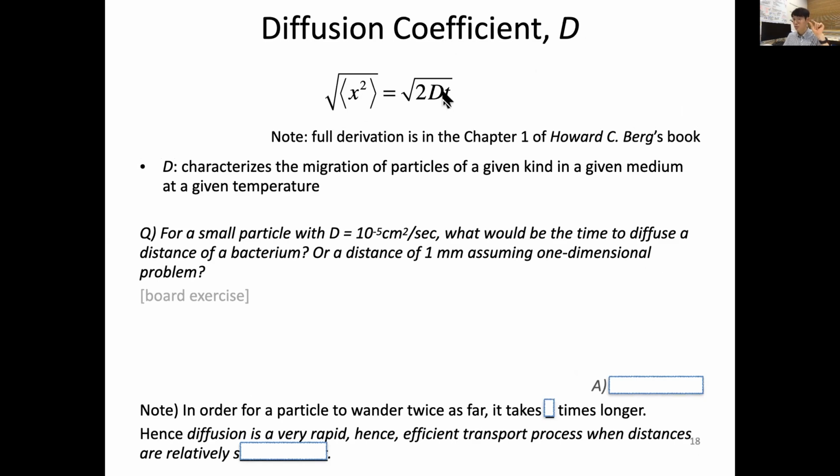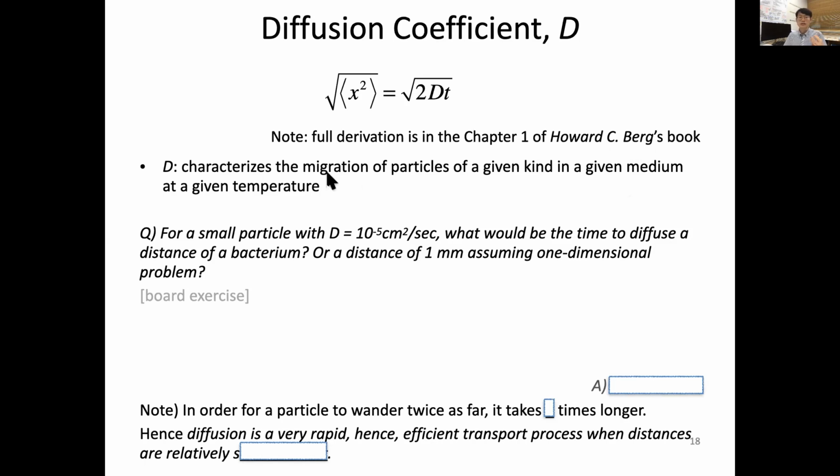We put 2 there, remember, when we derived this from the random walk, and the full derivation is in this reference too. So what does this diffusion coefficient mean? It is a characterization of the migration of particles of a given kind in a given medium at a given temperature, which means the diffusion coefficient is a function of the kind of particle, the medium, and the temperature.